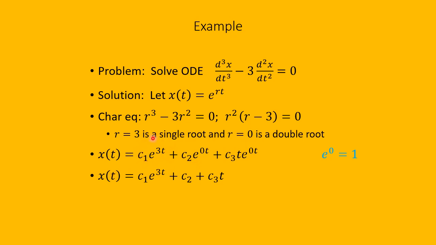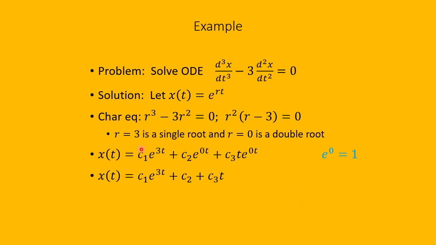So we got this first term in our general solution from r equals 3 being a single root. We got these two terms in our general solution because r equals 0 was a double root. Now, let's remember that 0 times t is 0, and e to the 0 equals 1.